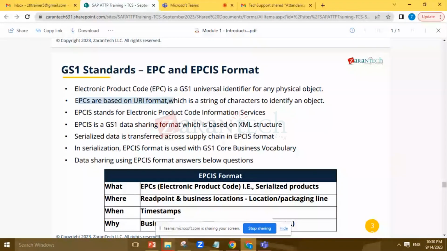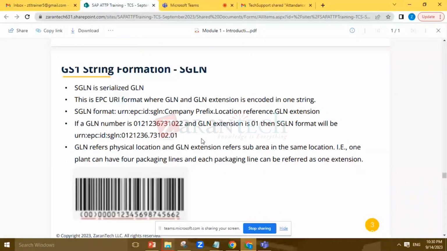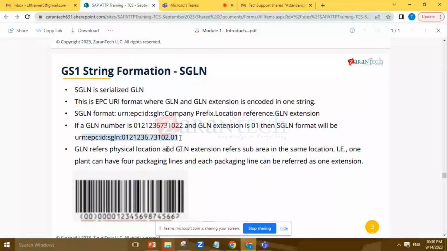So whenever I say EPC format, you should understand this kind of structure, nothing more. The information will be the same, but in this format. It is an encoded format where ATTP will know many things in just one string, broken down into company prefix, location identifier, extension, etc.